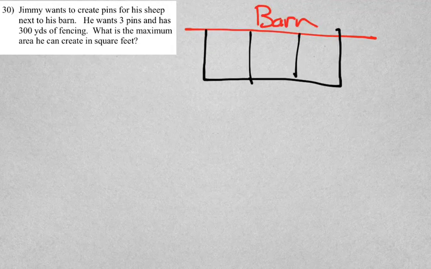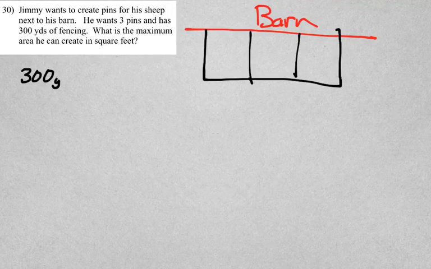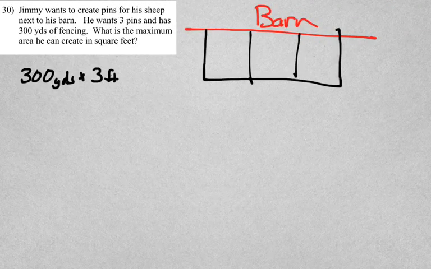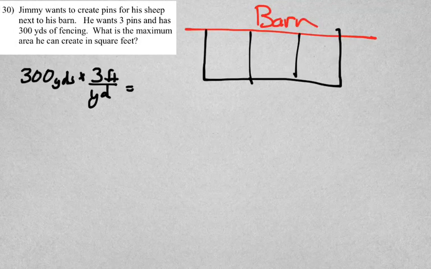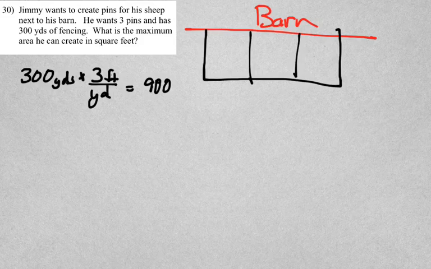And in this case, we have 300 yards of fencing. I need to convert that to feet. And that gives me a total of 900 feet of fencing to use.